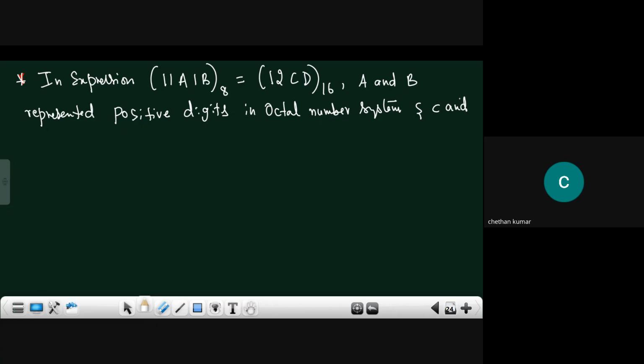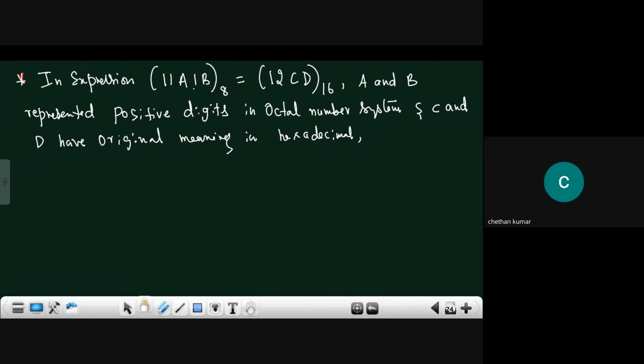He's saying that C and D have their original meaning, which means C is 12 and D is 13.